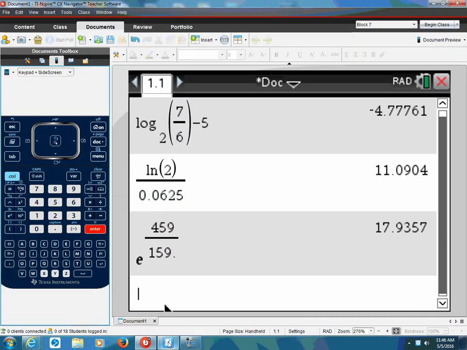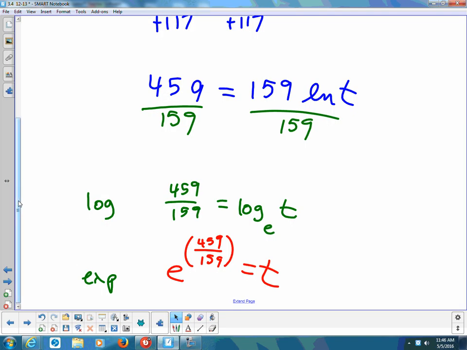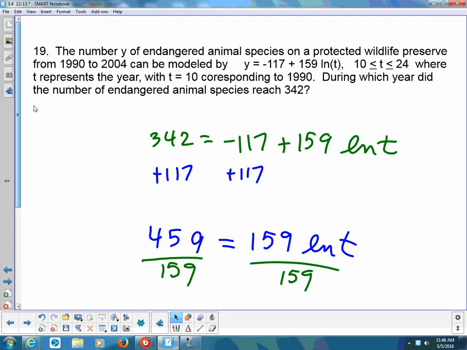And so that would be about 17.9, about 18. So the answer to the question, during which year did the number of endangered animal species reach 342? I'm going to go with t equaling 18. And since t equals 10 represents 1990, then I would say this would correspond to 1998 as my answer.